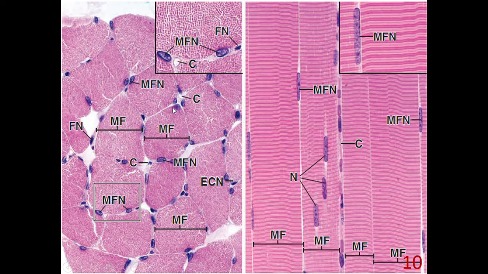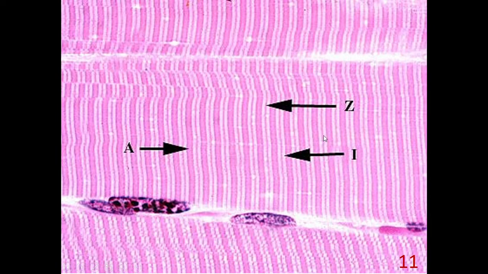We see that the multiple nuclei are located at the periphery of the myofiber. In this slide, besides peripherally located nuclei, the dark staining A band, light staining I band, and Z lines are observed.